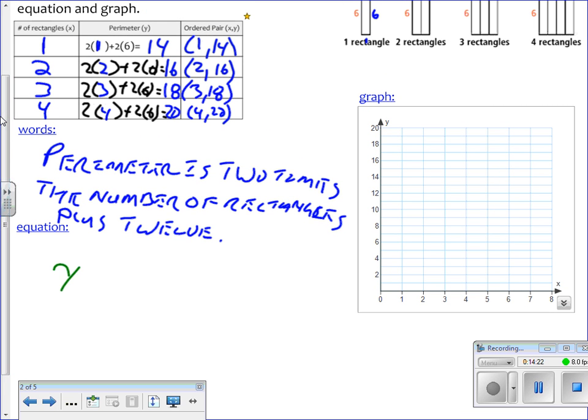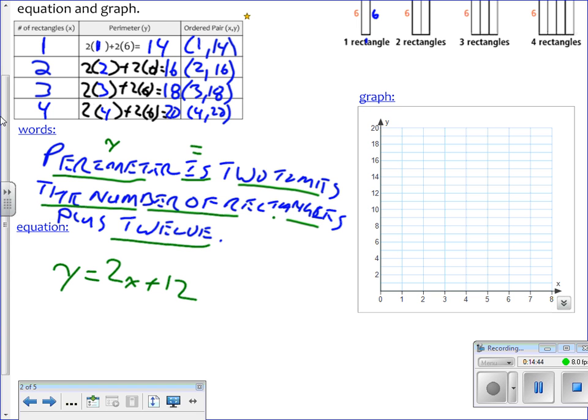So y equals 2 times the number of rectangles, which is 2x, 2 times x, plus 12. That's my equation that describes it. Okay.